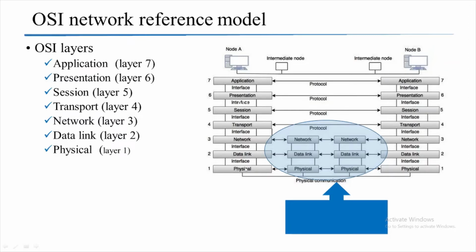The physical layer of node A gets the bits physically onto the cable and transfers them to the second node, which is node B. The physical layer of node B receives the data and gets it all the way up to the application layer.